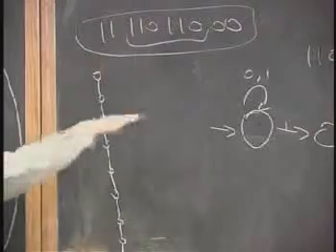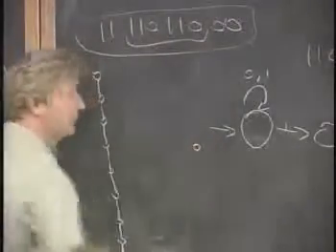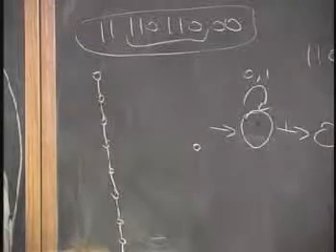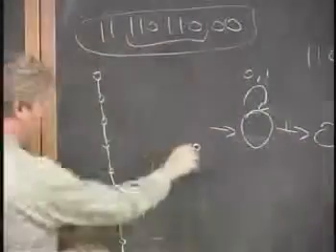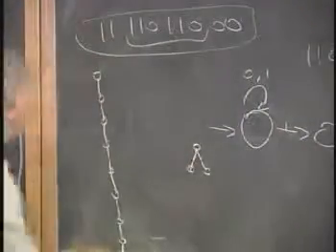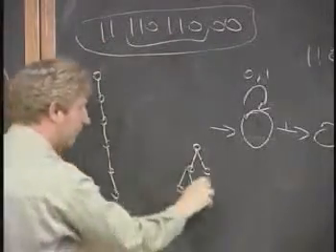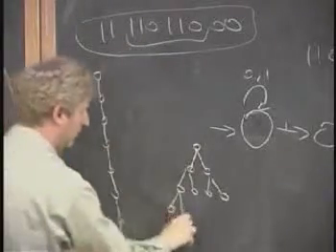Here's the equivalent computation for this machine. On the first symbol, it has two choices. It can either stay here or go there. On the next symbol, it has two choices. On the third symbol, two choices.